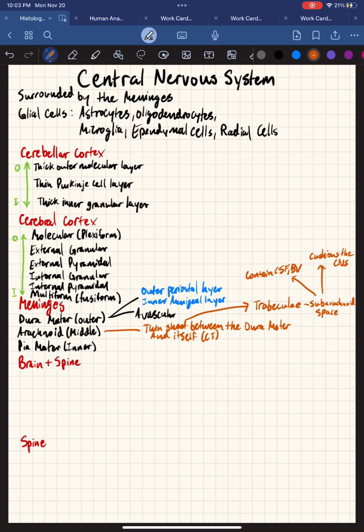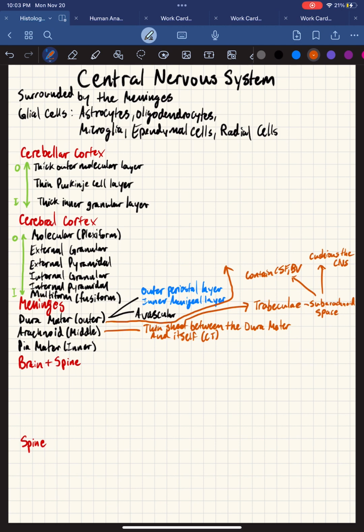So again, the subarachnoid space is what separates it from the pia mater, and then the dura mater is separated. I know I'm making it a little messy, but just bear with me. Biology is messy. The dura mater is separated specifically from the arachnoid space by the subdural space. So, I mean, it's kind of in the name.